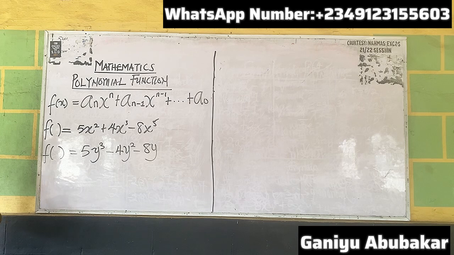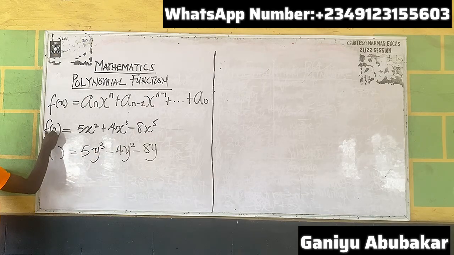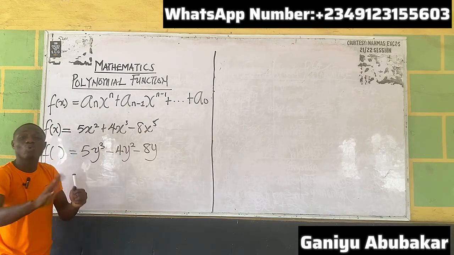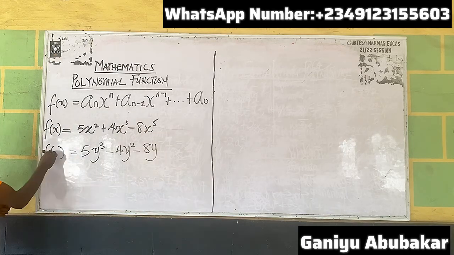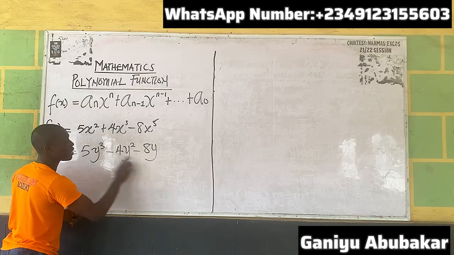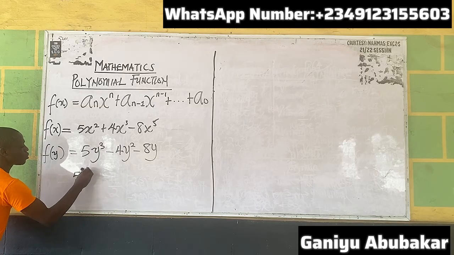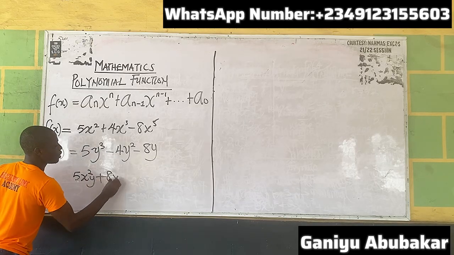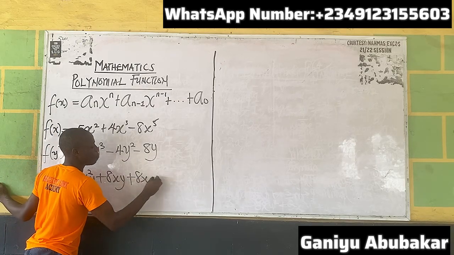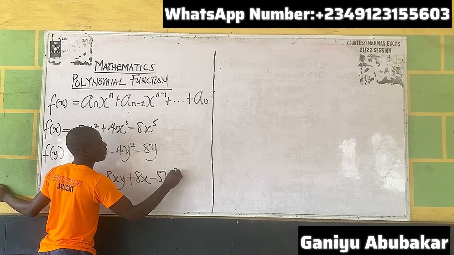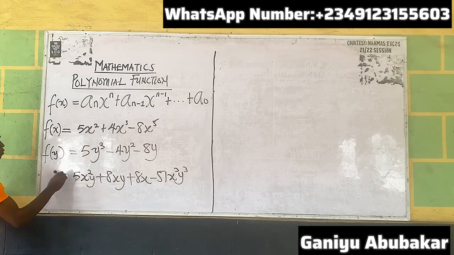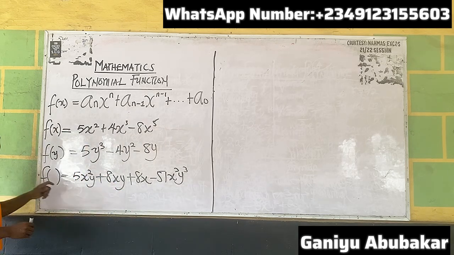In this case, observe the function in an expression is more like the variable there. So here I'm having x's. So this gives you f of x. Function of x means that every expression there is attached to only x. Here now is f of y. Why? Because all the expressions here are y. But if I have a mixture, for instance, f of x, y, 5x squared y plus 8xy plus 8x minus 51x to the power 3 y cubed, in this case there's a mixture of x and y.